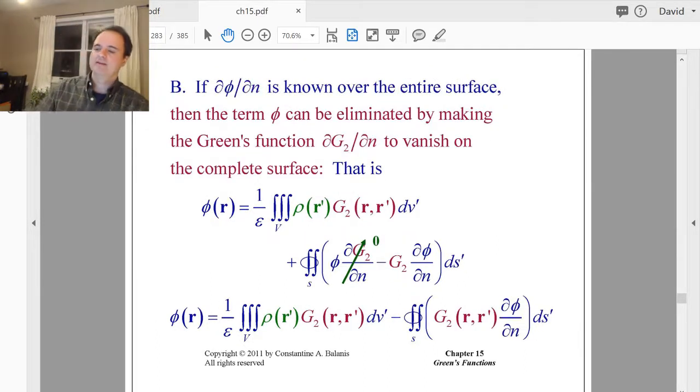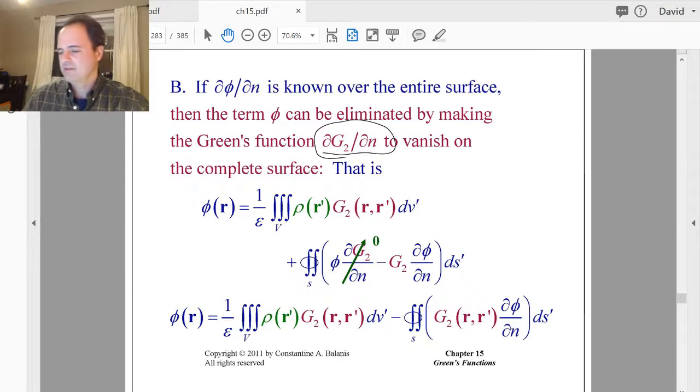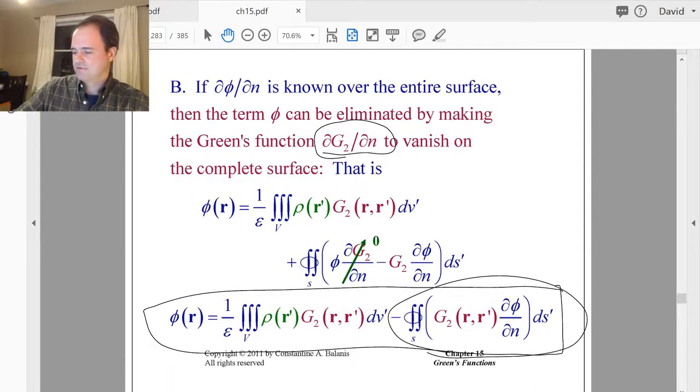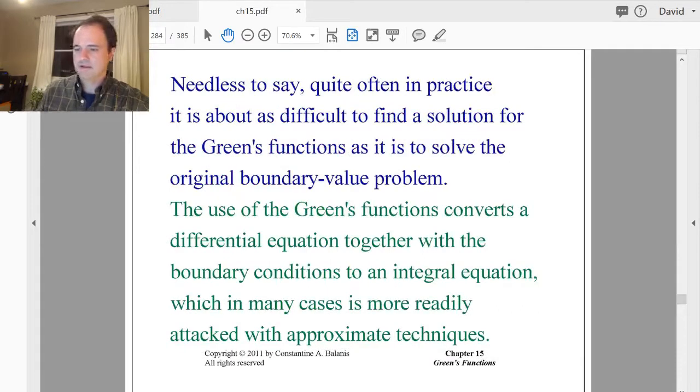So then this is the equation. If d phi dn is known over the entire surface, then the term phi can be eliminated by doing the opposite, by letting dG over dn vanish. Again, reducing this second surface integral down to just one term. Needless to say, quite often in practice, it is about as difficult to find a solution for the Green's function as it is to solve the original boundary value problem.